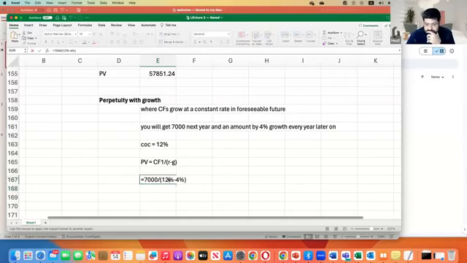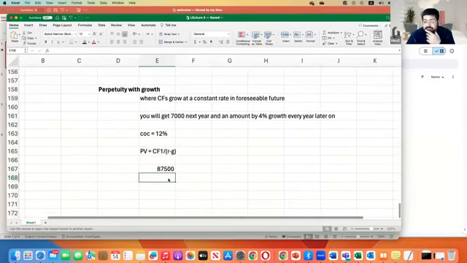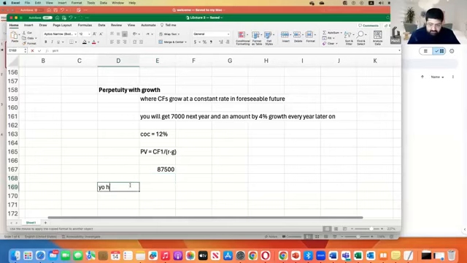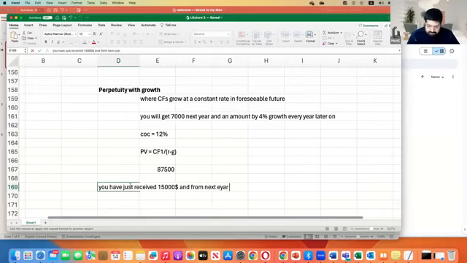Now, sometimes they say you have another example. Just received $15,000 and from next year it will be growing by 4%.